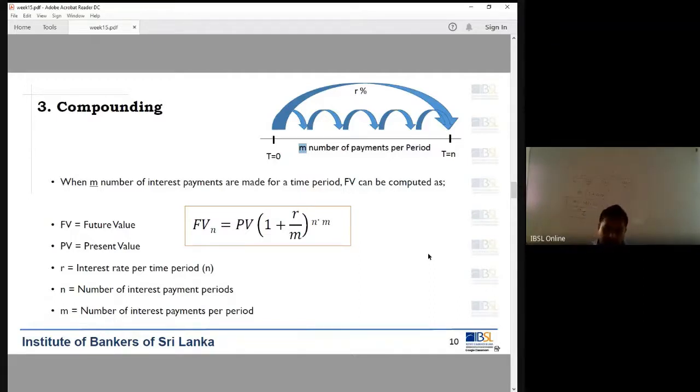That means monthly we are going to get cash flows. So can T be 2N and M be 12? Yes, of course. That means our time period is 2 years, so we are going to get cash flows monthly. And what is going to be the number of total cash flows? That is going to be 24. Why? Because 12 in year 1 and again 12 in year 2.